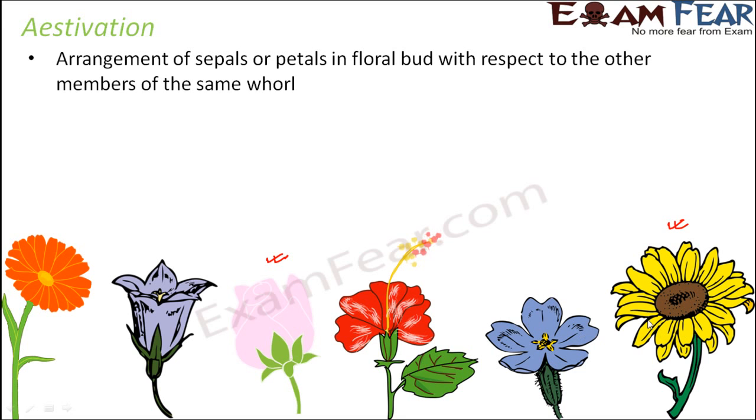This arrangement of the petals or sepals with respect to other members of the same whorl is known as aestivation. There are four types of aestivation which we will discuss: valvate aestivation, twisted aestivation, imbricate aestivation and vexillary aestivation.